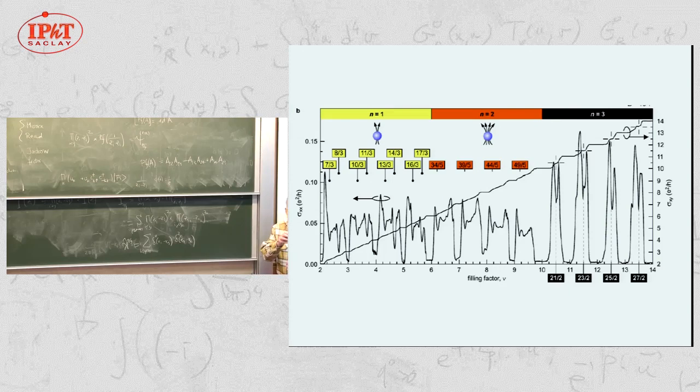Because there are only two packets, if you take three particles, at least two of them are in the same packet. Maybe all three are in the same packet, so you are sure that the energy is 0. This simple Hamiltonian will have a zero energy ground state exactly given by this Pfaffian wave function.